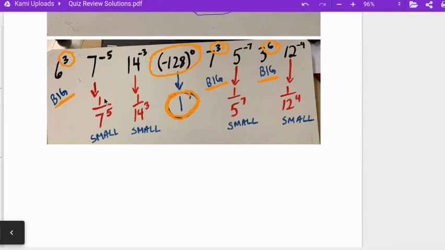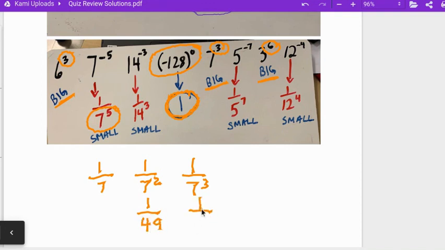So 7 to the negative 5 is the same as 1 over 7 to the 5th. This is going to be a really big denominator here. So this number is going to be very small. Similarly, this denominator is going to be very big as well. So when the denominator gets big, if I think of something like 1 over 7, 1 over 7 squared, 1 over 7 cubed, my denominator is getting really big as I go along here.